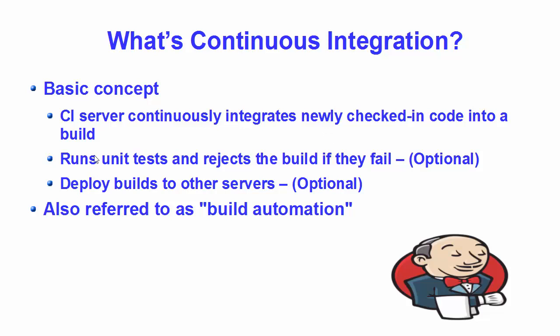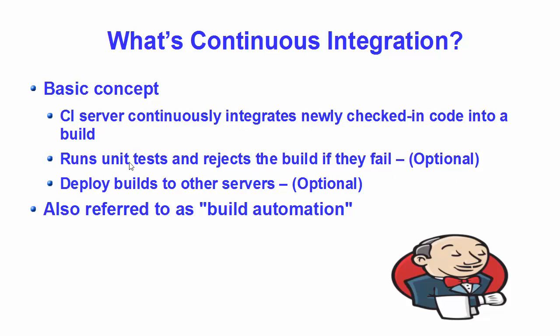You can see in the second step of continuous integration, I have written that it runs unit tests and rejects the build if they fail. So a continuous integration system runs the unit tests, and if a failure occurs during the unit tests or integration tests or any kind of test, it's going to reject that build and send the information to the developer or the maintainer of that code.